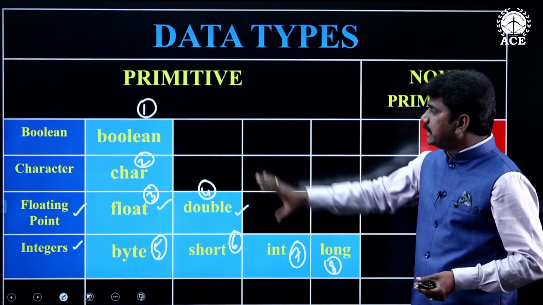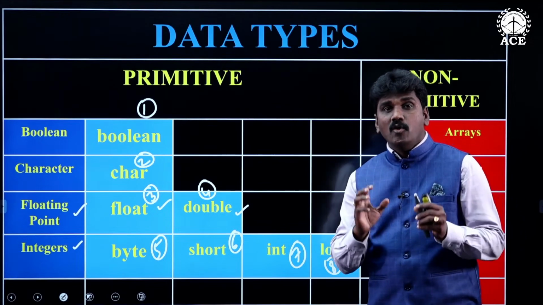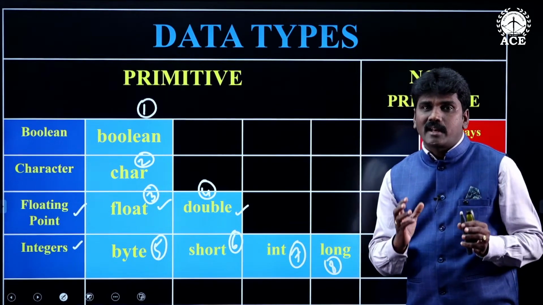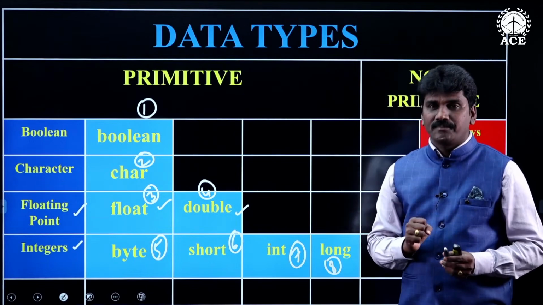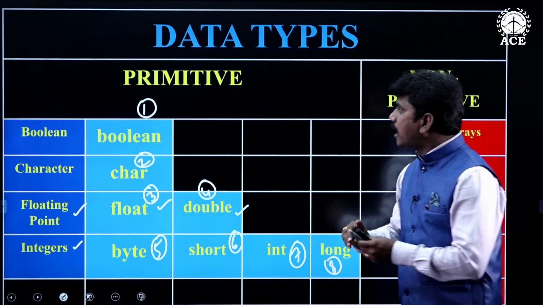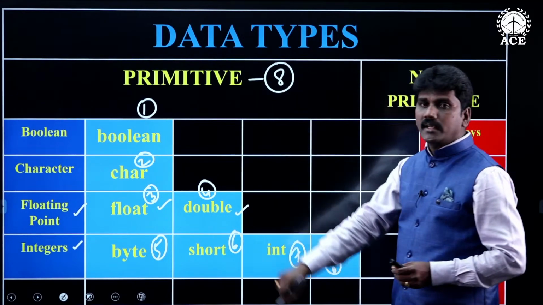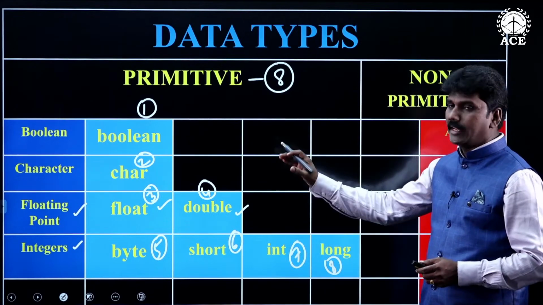By seeing this, we can understand one point: how many primitive data types are available in Java. The number of primitive data types available in Java is 8. What are the 8 data types we have?